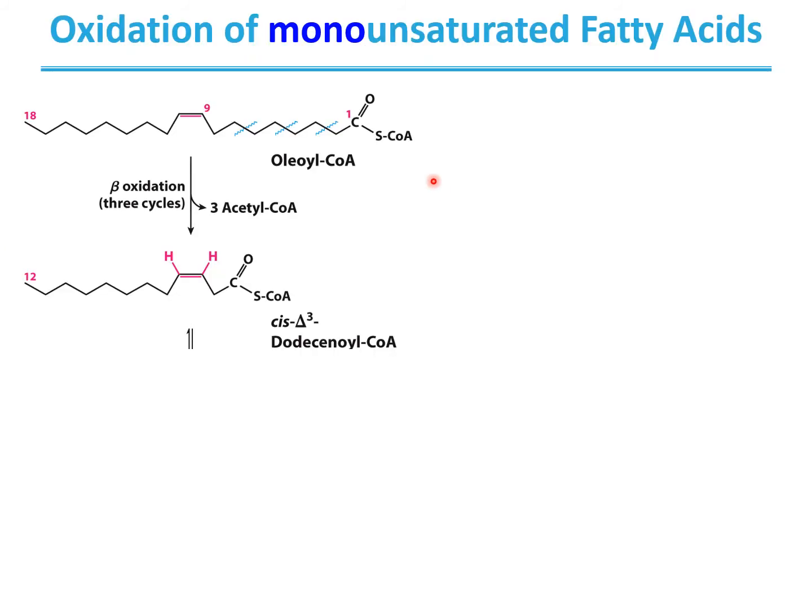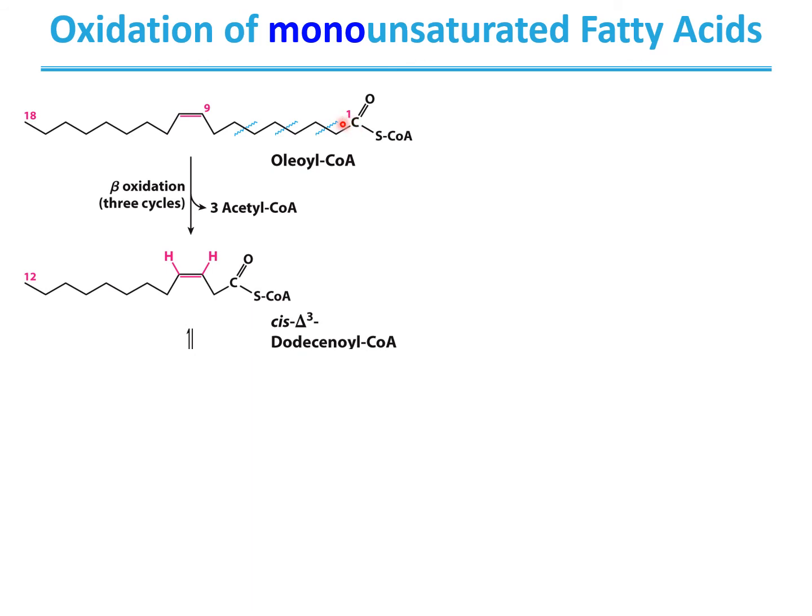So far, we have focused on the beta oxidation of saturated fatty acids. Now let's focus on monounsaturated fatty acids, i.e. fatty acids that contain one double bond. There's a slight difference, but let's take the example of oleoyl-CoA, 18 carbons and one double bond between carbon 9 and carbon 10.